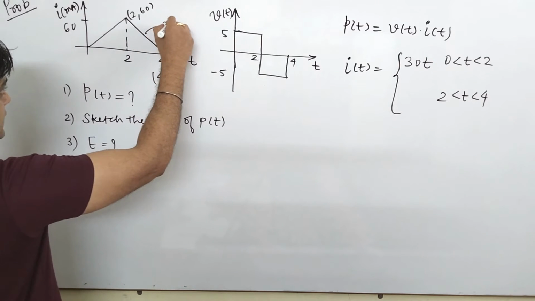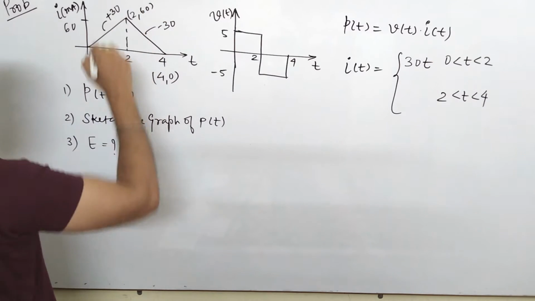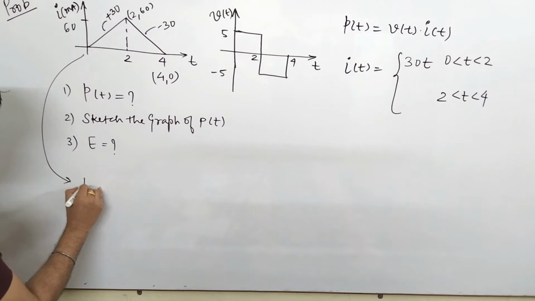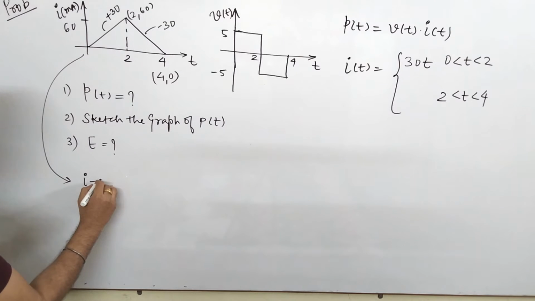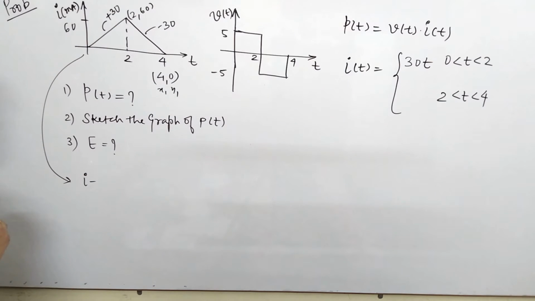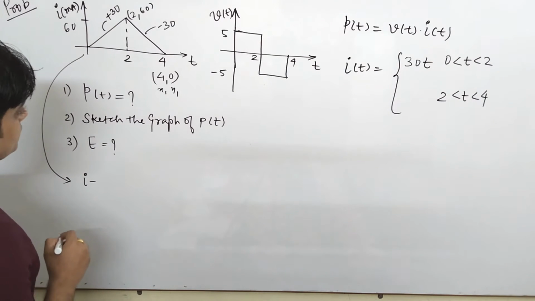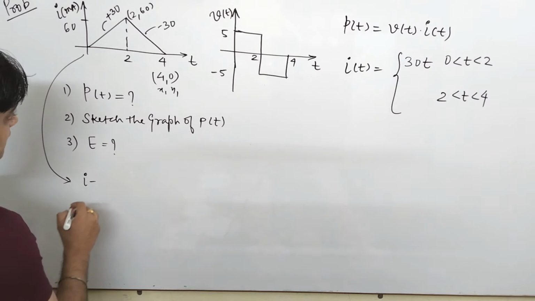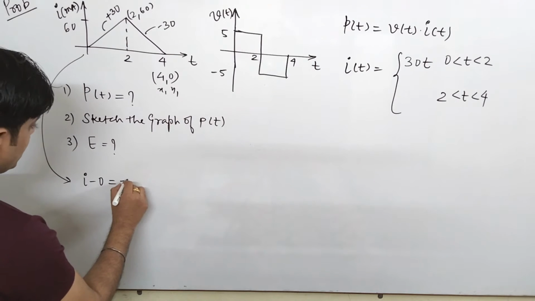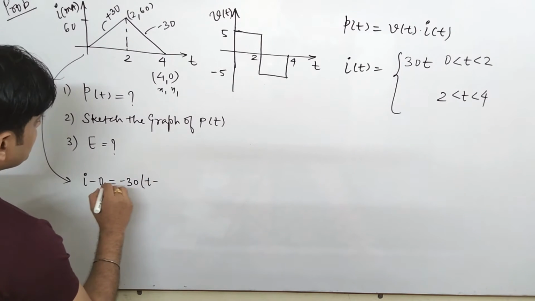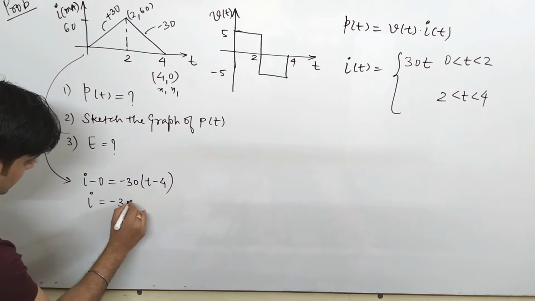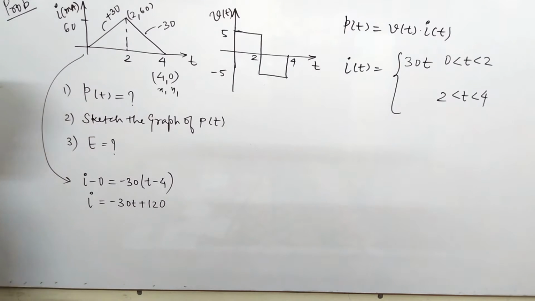So this slope is minus 30, and the earlier slope is plus 30. By mathematical calculation, y minus y1, taking x1, y1 and x2, y2: I minus y1, which is 0, is equal to the slope minus 30 times (t minus 4). So that comes to be I equal to minus 30t plus 120.